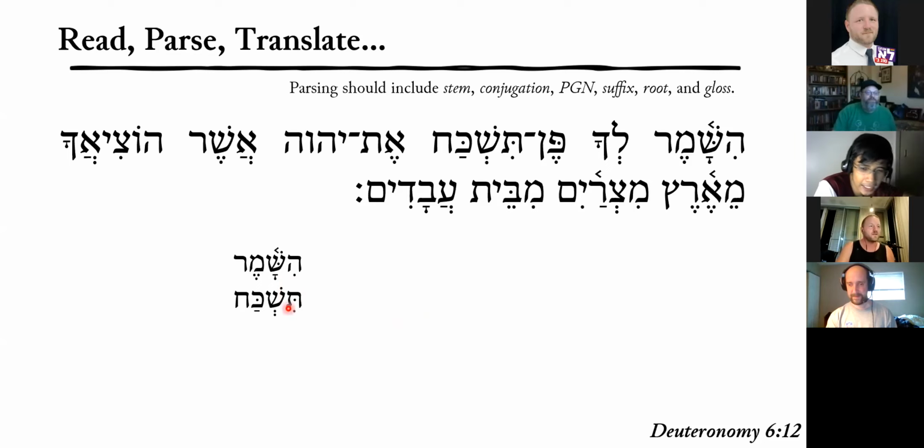Only in the kal do you have a closed syllable in the imperfect at the beginning, a closed syllable that's got an i in it. In the hifil you also have a closed syllable, tashlich. But this is kal. There's no additional vowel anywhere. It's just like lishmor, which would be tishmor, but there are some verbs that have an a theme vowel.